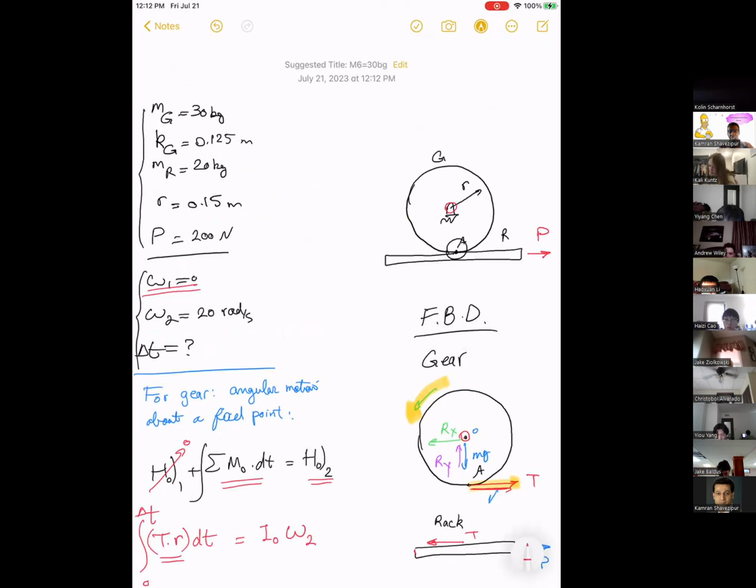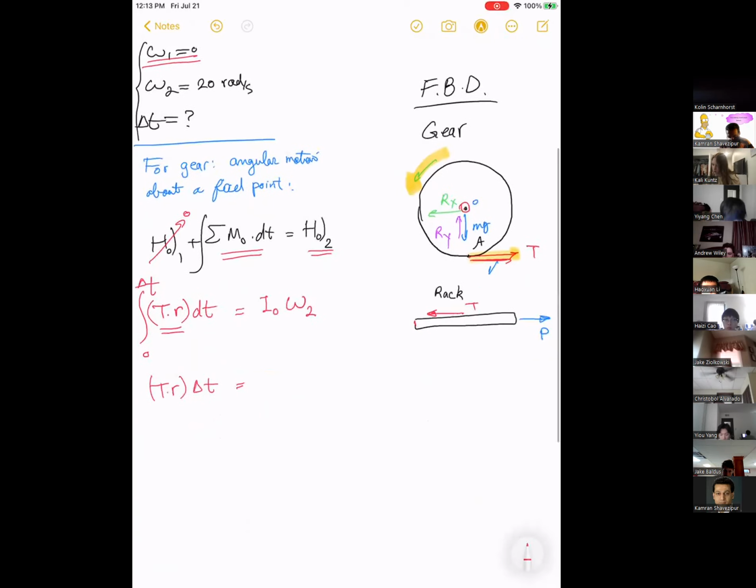I'm going to ask Heisey, how do I find the moment of inertia about this point O? I remember it's mass times R squared.